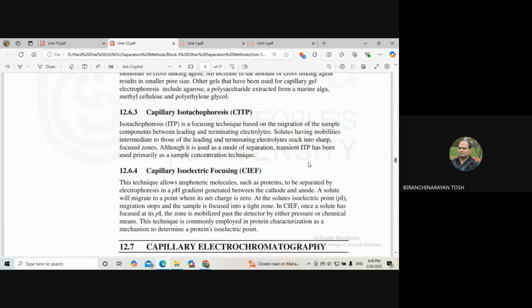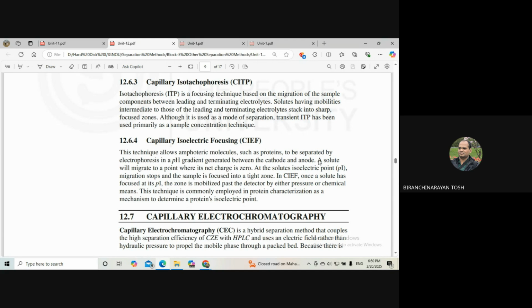Solutes having mobilities intermediate to those of the leading and terminating electrolytes stack into sharp focus zones. Although it is used as a mode of separation, transient isotachophoresis has been used primarily as a sample concentration technique.